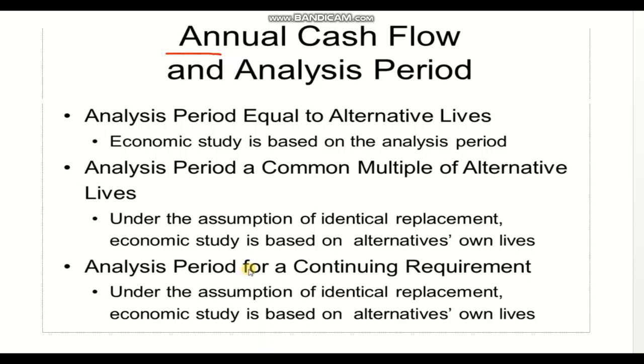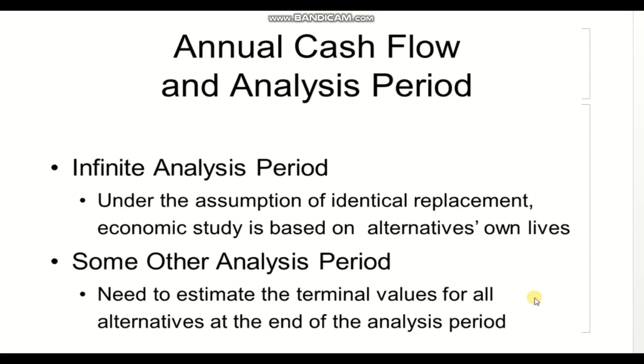When we go through the other one, the infinite analysis period, we are again going to use the principal amount, and then we do this with the alternatives' own lives, and for some other analysis period we need to estimate the terminal value, which we assign like 10 years, 20 years, whatever the project is, and then we start to make our own analysis.